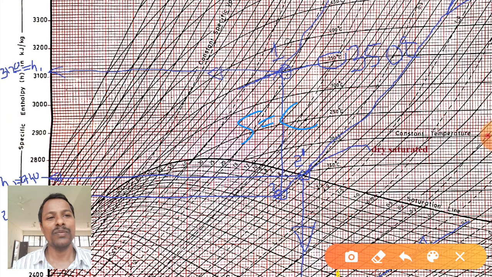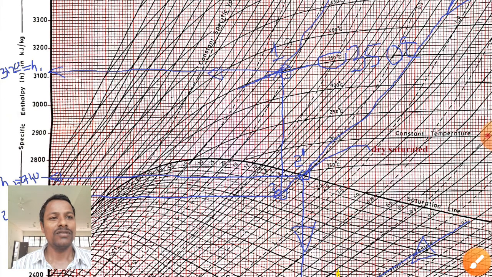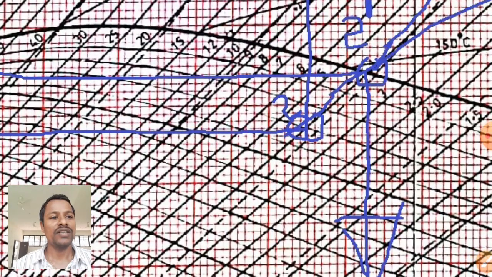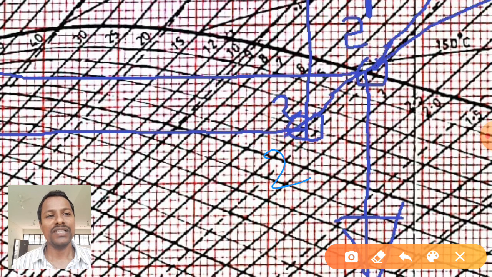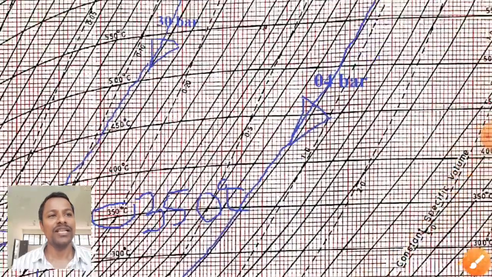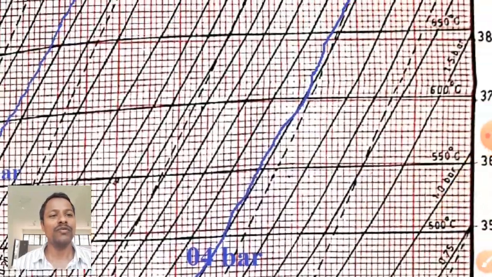Then from state point 1, I will draw a constant entropy line, that is, 1 to 2 is an isentropic process, so entropy remains constant here. This is the point 2, which is represented on this chart. I have to move downward until the bleed pressure, that is the bleeding pressure of 4 bar.